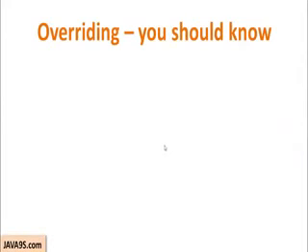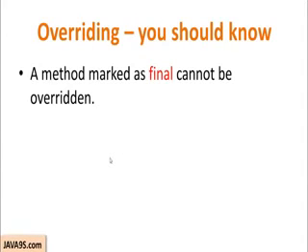Then there's something you should know about overriding: a method marked as final cannot be overridden. If the superclass marks a method as final, it is saying that this is the best implementation and no one can change it, and that is the rule.